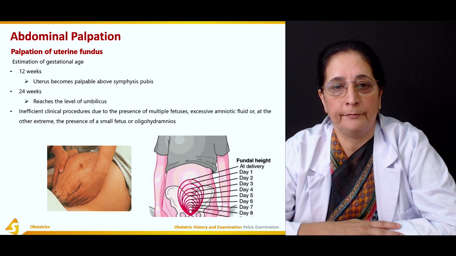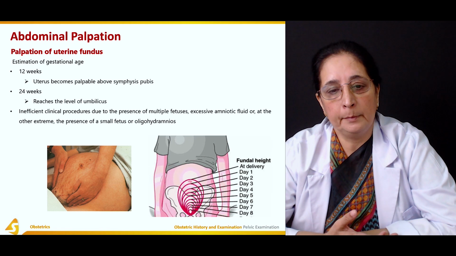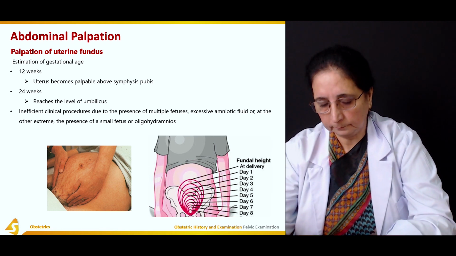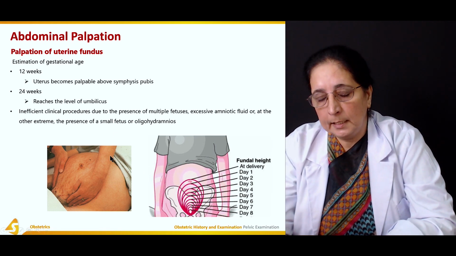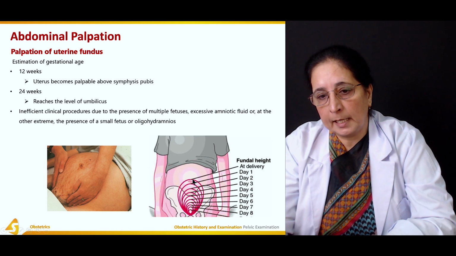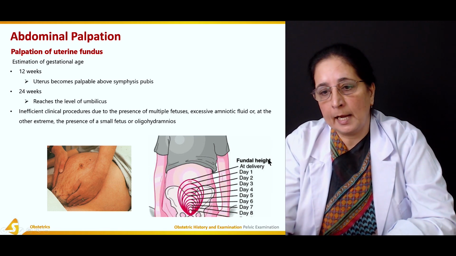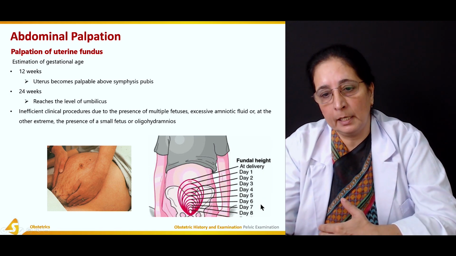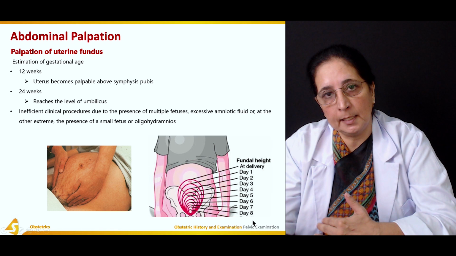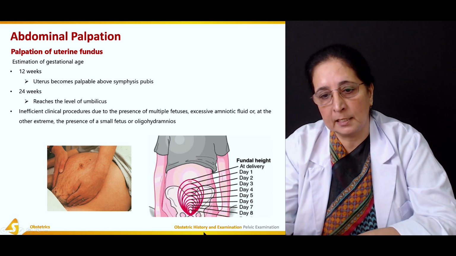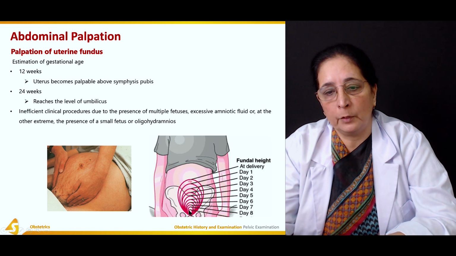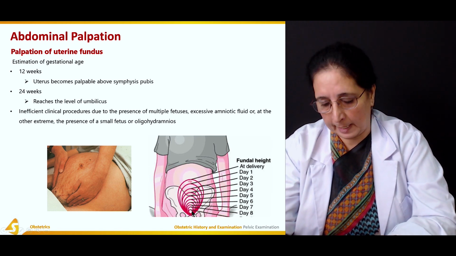Because of multiple pregnancies, all these require ultrasound to be done. This is the uterus at this level, the fundal height at delivery, and after that each day the uterus starts decreasing in size, becomes smaller and smaller, and at about day 8 this is the point at which the uterus is palpable.